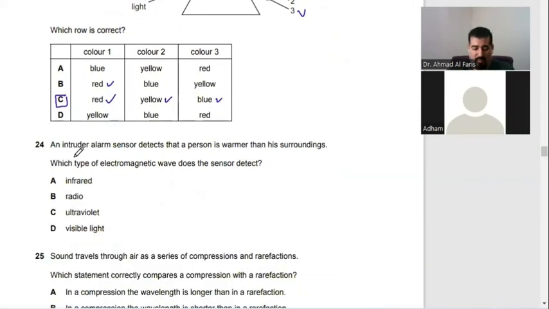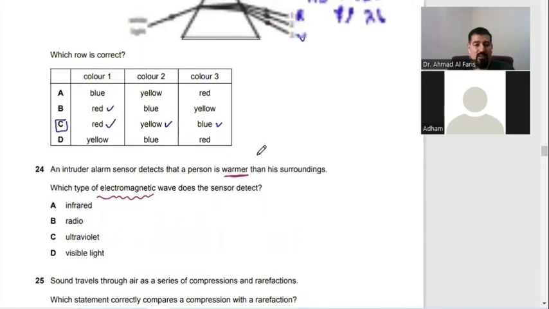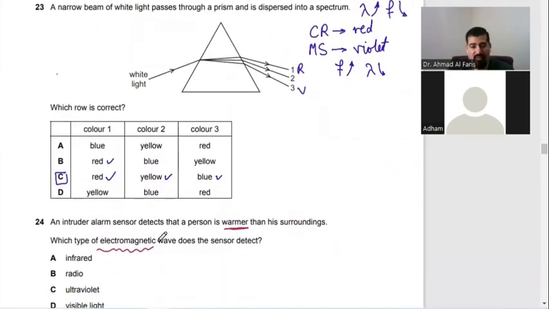Okay, number 24. An intruder alarm system detects that a person is warmer than his surroundings. Which type of electromagnetic wave does the sensor detect, because he's warmer?